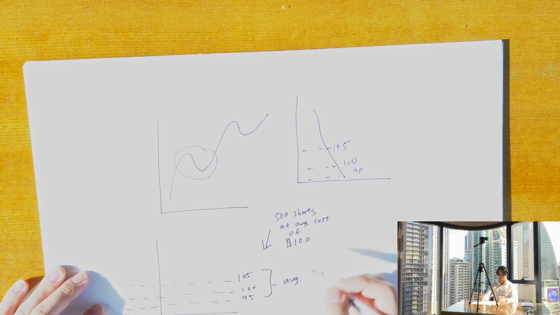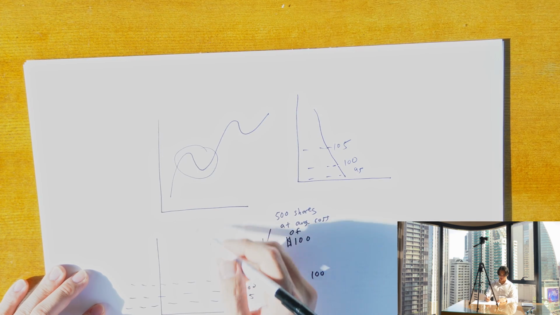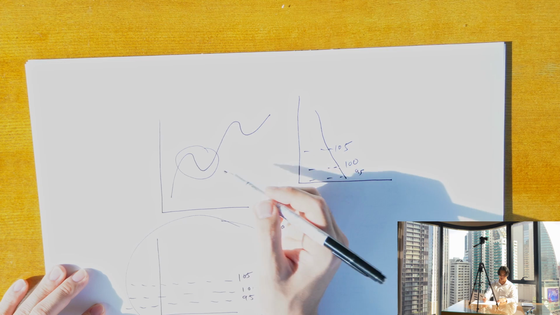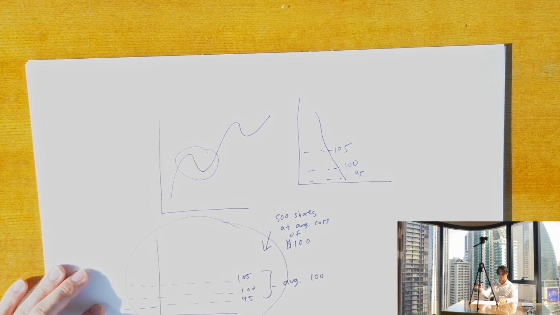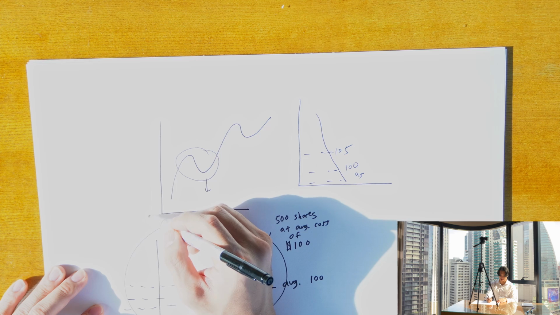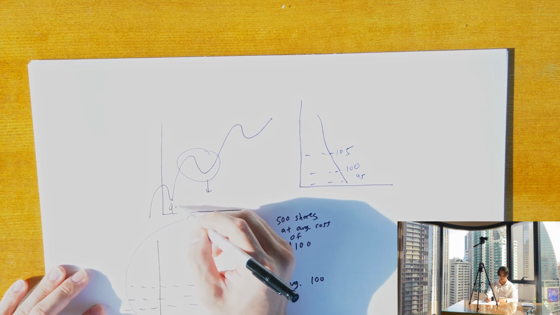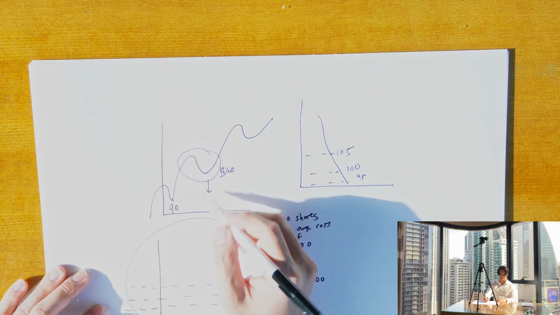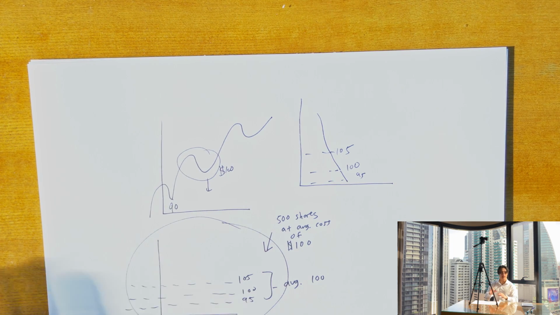The difference here is that in this approach, you keep in mind the idea of a risk-first approach. If the stock, let's say, fell to $90, and I'm in at $100, I would be out of the position.